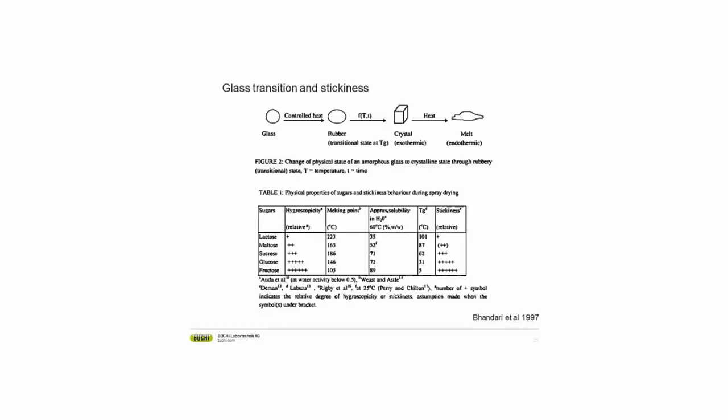Either you need to decrease your outlet temperature, but as you can see, with glucose and fructose at 31 degrees and 5 degrees, we cannot dry water and still have an outlet temperature that low. So what you can do is add a second excipient that raises your glass transition temperature. The glass transition temperature is often a mix of the glass transition temperatures of all of the ingredients.